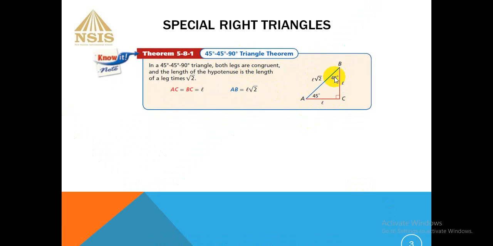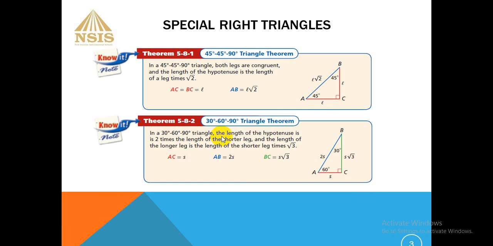If I have a right angle triangle like this, and this is the right angle, and AB is the hypotenuse, and BC and AC are legs, and I have this right angle and this 45 and this 45, then my hypotenuse is L square root 2, and BC is L and AC is L. Like if this is 4 and this is 4, this will be 4 square root 2. Let's remember this because we're going to use it in solving exercises today.